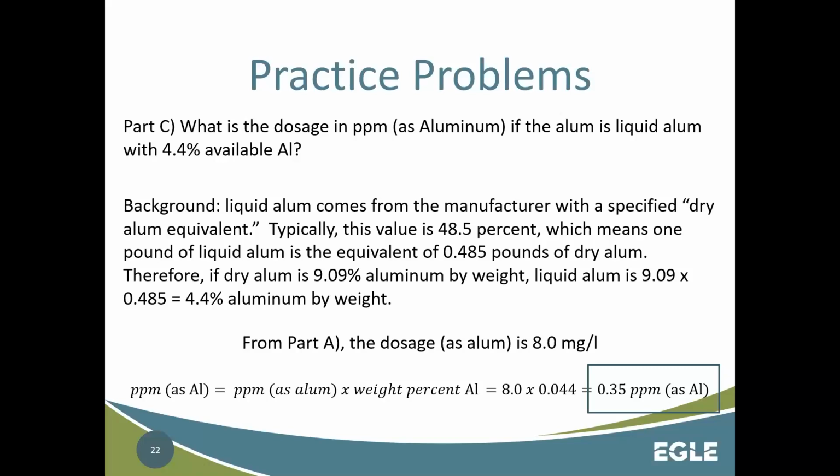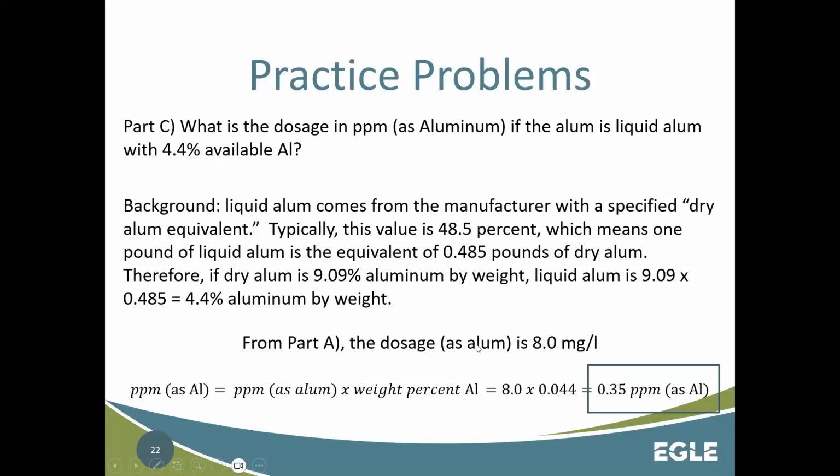Therefore, if dry alum is 9.09% aluminum by weight, liquid alum is 9.09 times 0.485, which is 4.4% by weight. You might also see that presented on the product data sheets like we were looking at the start of the presentation. But if you don't have that, there is a way to calculate it as well.